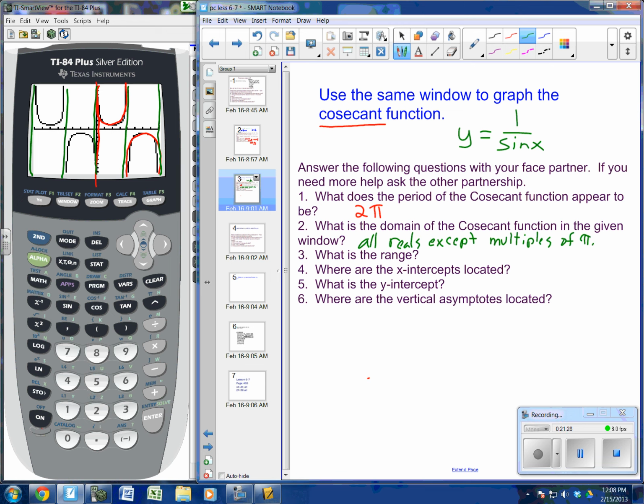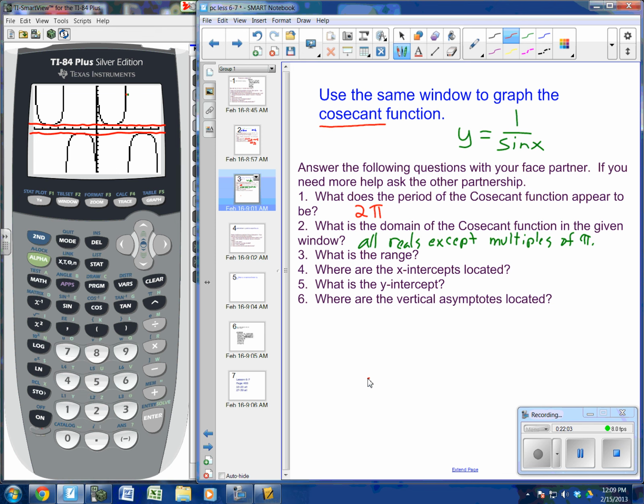What is the range? This graph has a no man's land. If you draw a horizontal line at 1 and a horizontal line at -1, this is the no-fly zone right here.